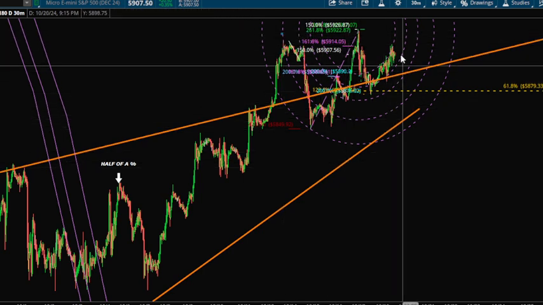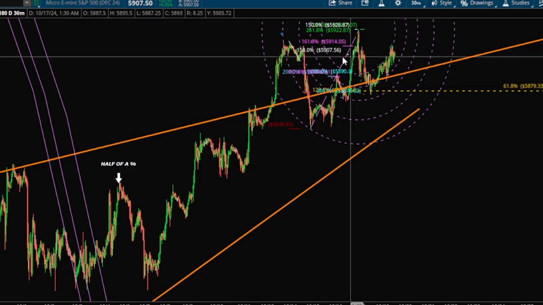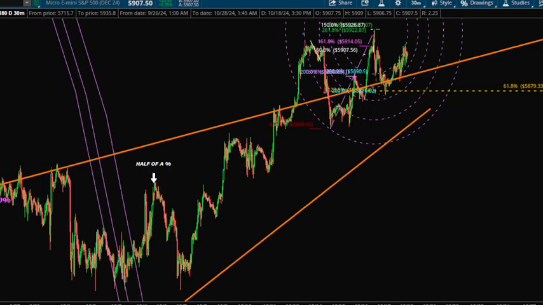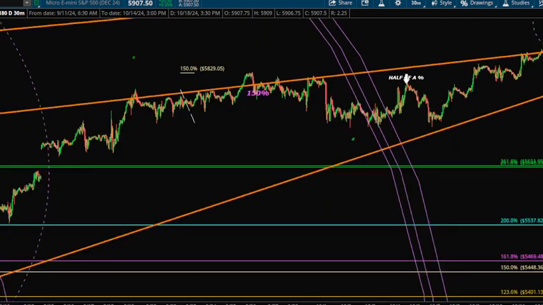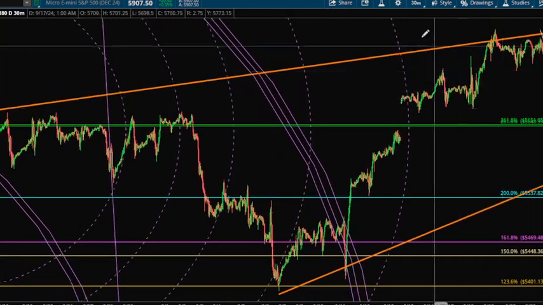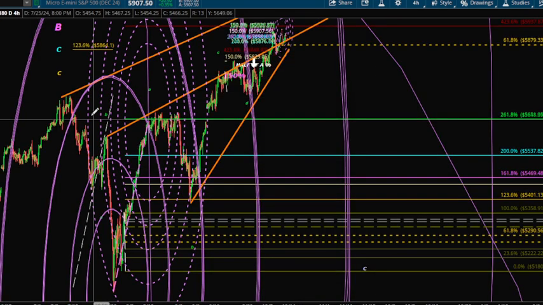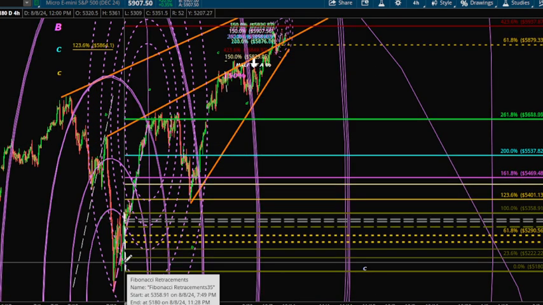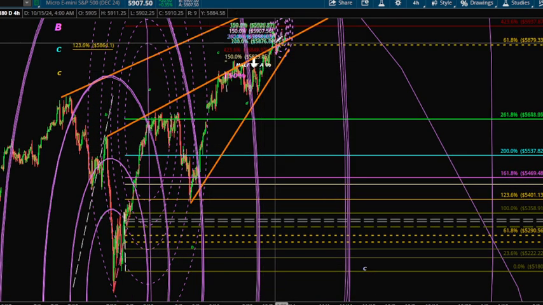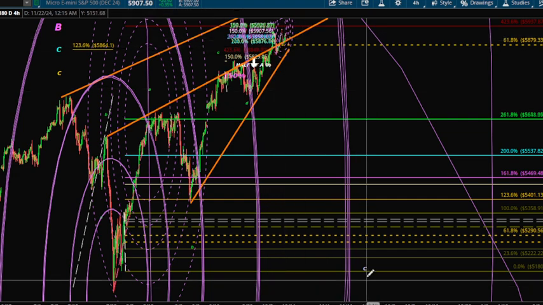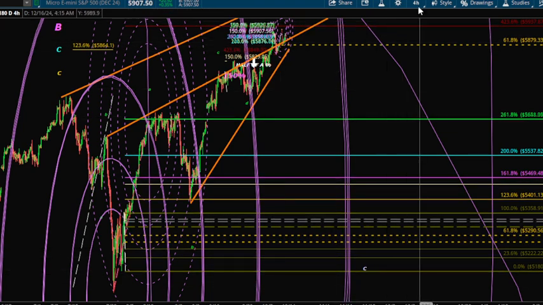And now it's almost the same pattern on a smaller scale as how we started this whole last portion of the move here on the 4 hour. See this? It comes down in 3 and then it starts to move up in a triangle form, and then I'm expecting the C wave down. It's the same pattern.